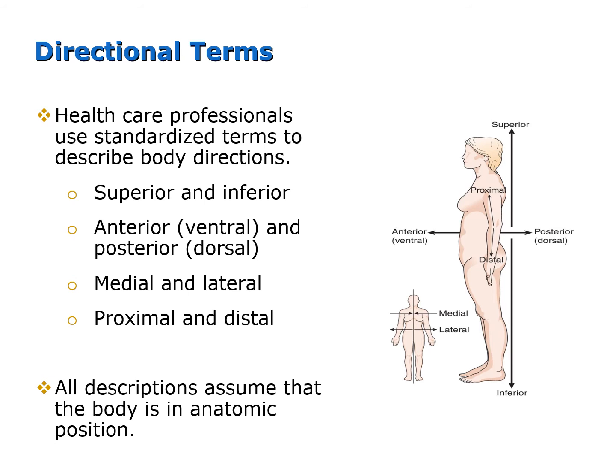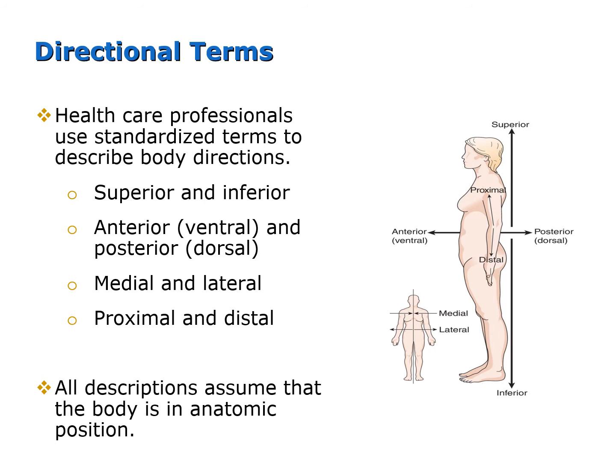Another term is anterior, or ventral. Anterior is located toward the belly surface or front of the body, while posterior defines everything that is closer to the spine or the back of the body.